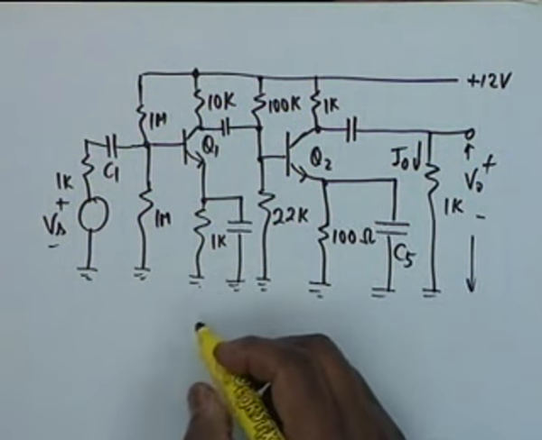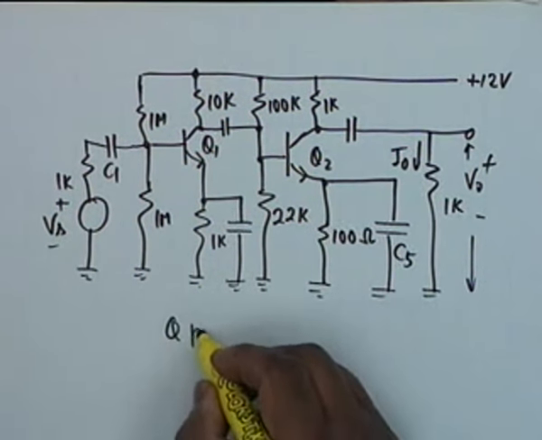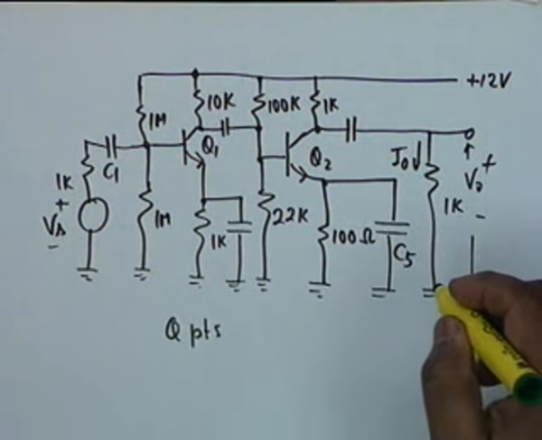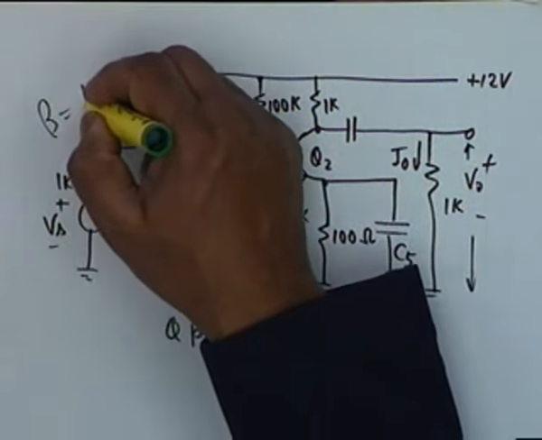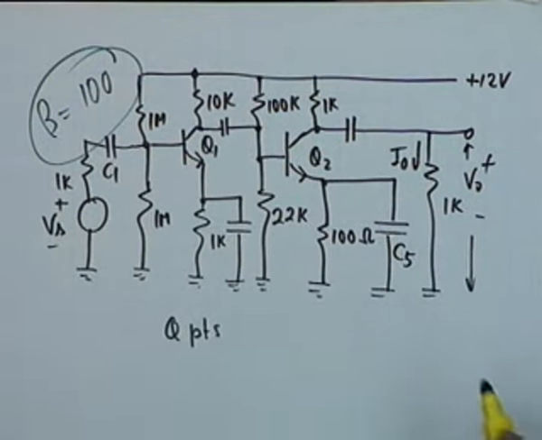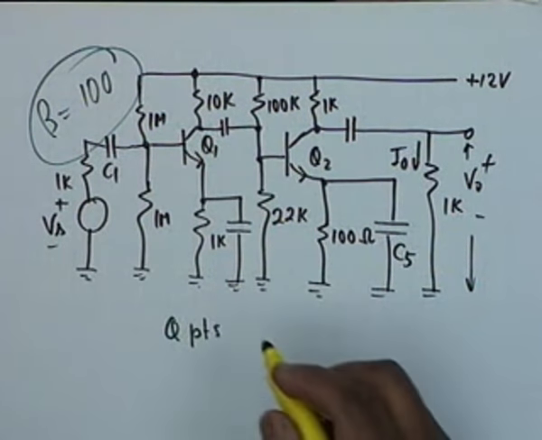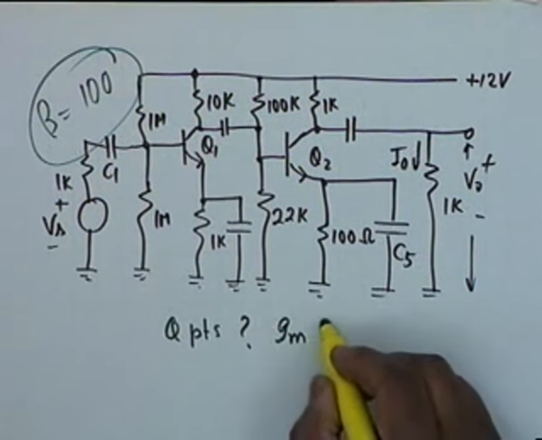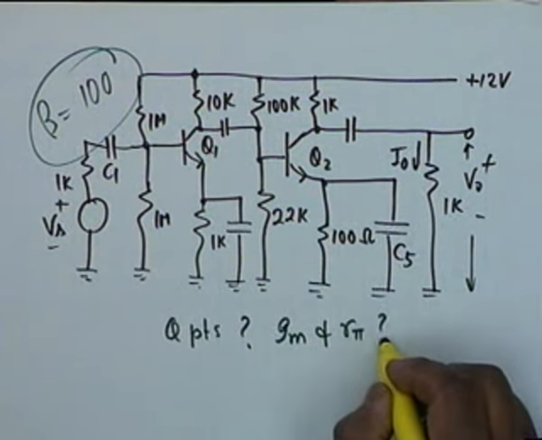The problem is to find first the Q points. Beta is given as 100 for both the transistors. You have to find the Q points and GM and R pi for each transistor.